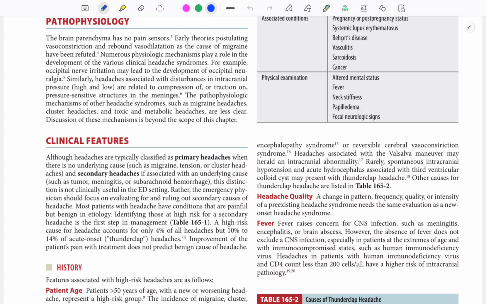So our first step as soon as the patient arrives should be to rule out the red flag signs, signs that indicate that the headache is harboring something much more serious. A high risk headache accounts for only 4% of headaches, but it's still important to identify it.